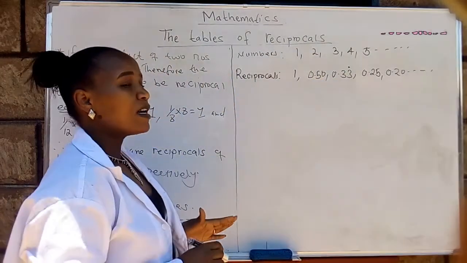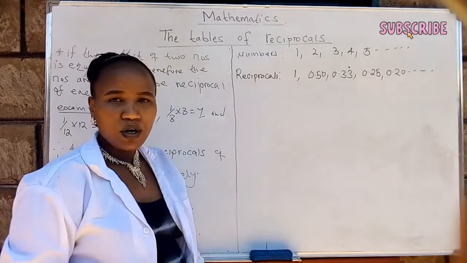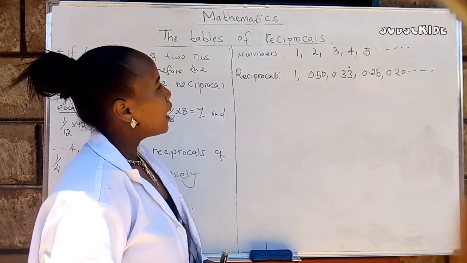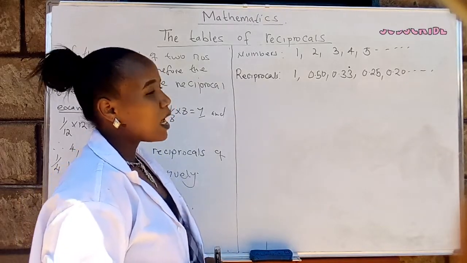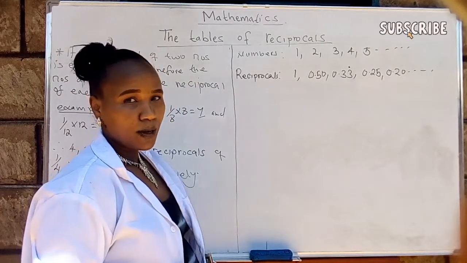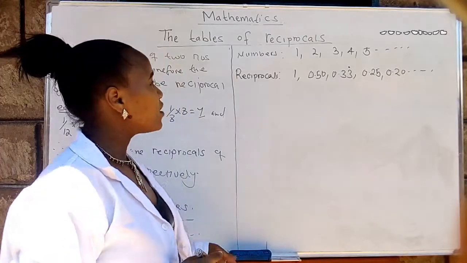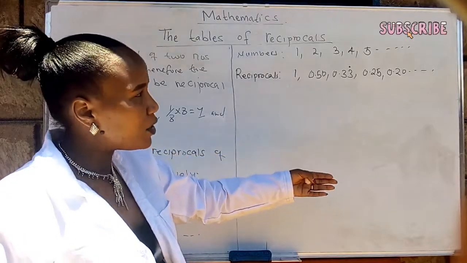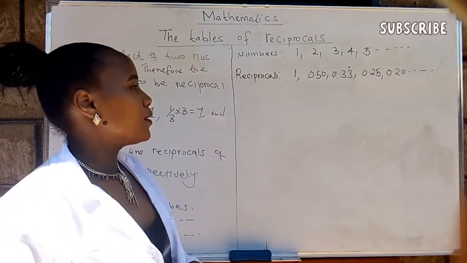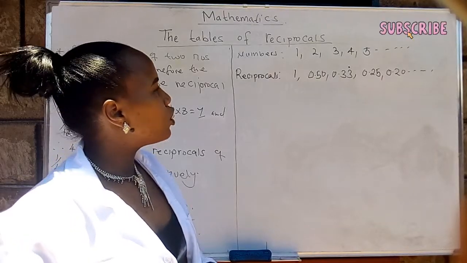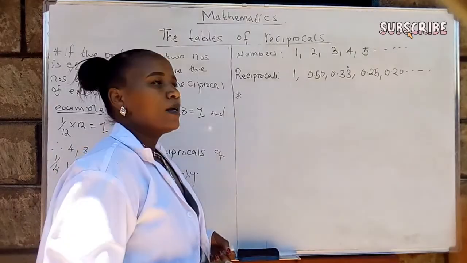So the reciprocal of a number increases as the number becomes smaller. Now, having noted that the smaller the number, the larger the reciprocal, and the larger the number, the smaller the reciprocal, then we can embark on the tables of reciprocal.